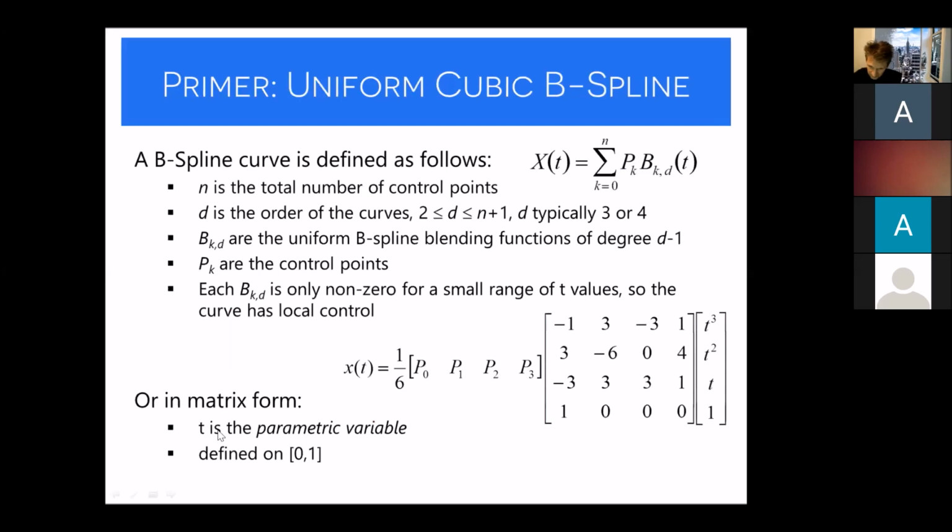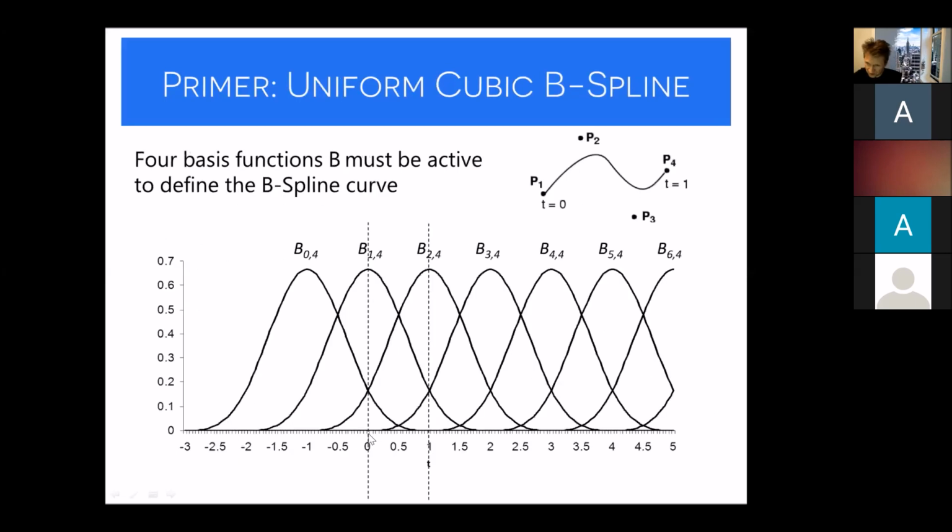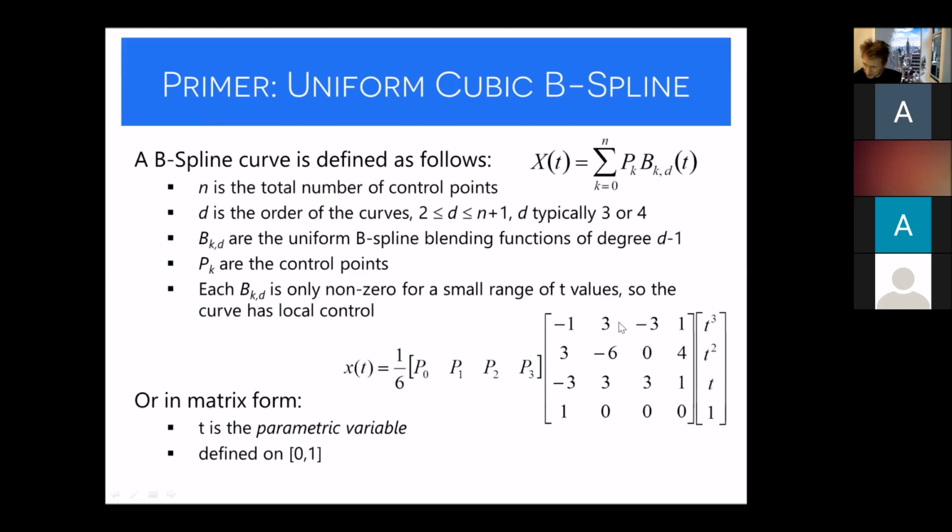Okay, so t is the parametric variable, and we talked about this. These are the blending functions, and they are always the same. This is really where the splines often differ. So this is the B-spline blending function. It looks almost like a Gaussian, but it's a B-spline, defined by these numbers here. It tells you exactly where the t goes.